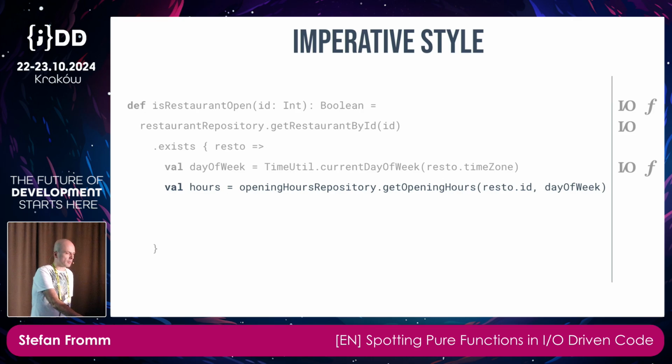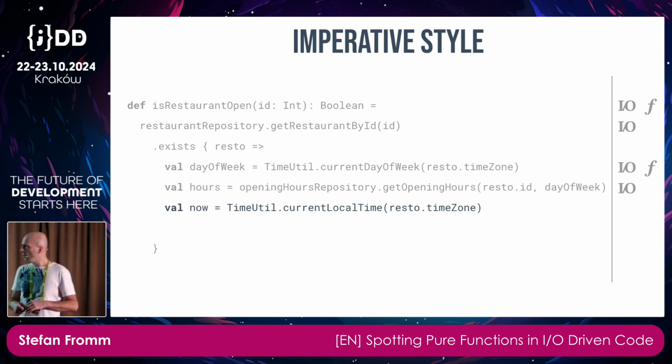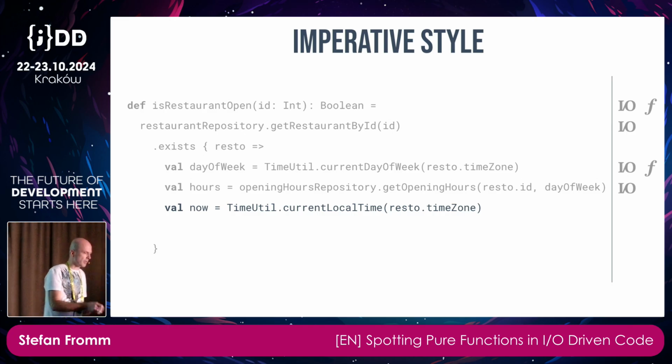Next, we use this day of week. We go to the database again, load opening hours, and filter the records of opening hours for the restaurant in the database. This is clearly I/O. Another method, we calculate the current local time in the time zone of the restaurant. This is the same case as current day of week. It relies on the computer clock.